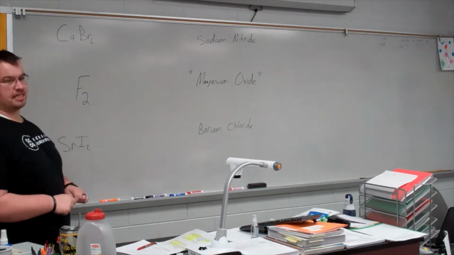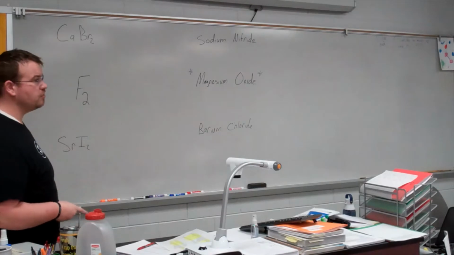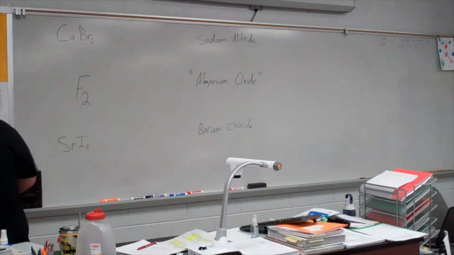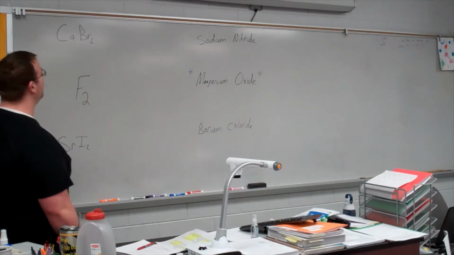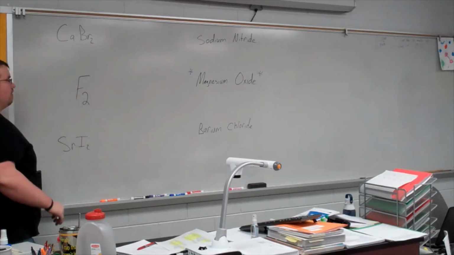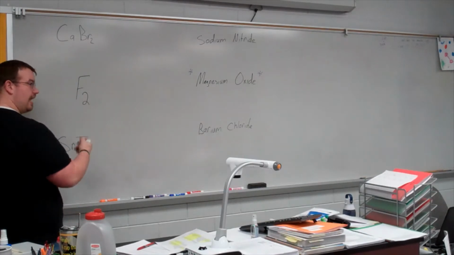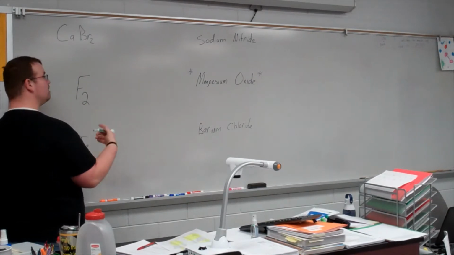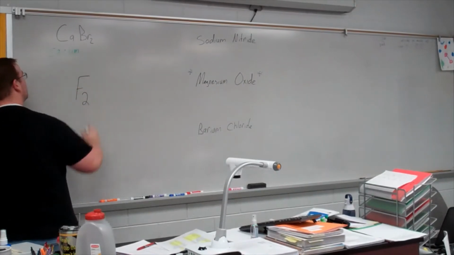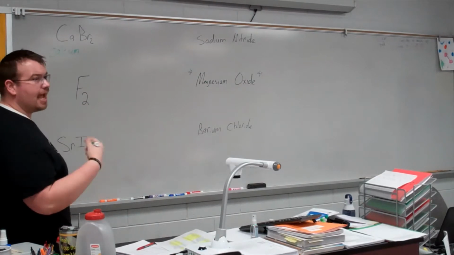Remember how you do these. You start with naming those monatomics. It's an ionic bond. I'm going to follow the rules for naming ionic bonds. It's a metal and a non-metal. First thing I do, name the cation. The cation's named off of the element, so calcium. Then you go to the anion.